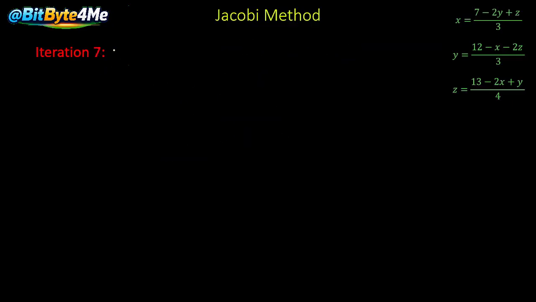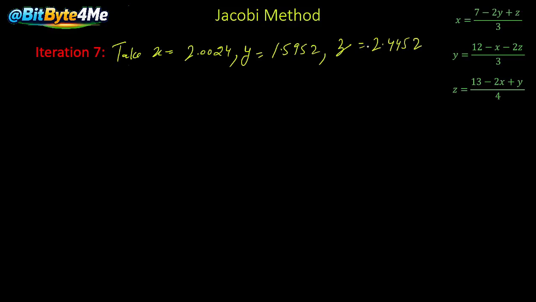So take x is equal to 2.0024, y is equal to 1.5952, and z is equal to 2.4452. Put these values in equation number 1, you will get x as 2.0849.